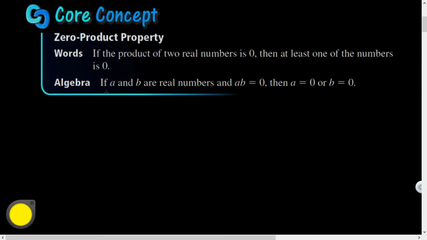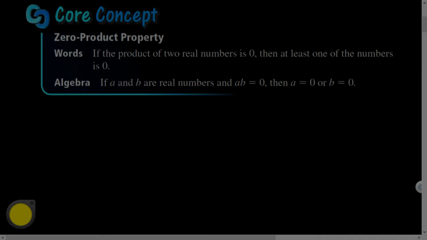Or it says it this way mathematically. If a and b are real numbers, and a times b equals 0, then a equals 0 or b equals 0. Must be one of them, at least. Could be both of them. The only things that multiply to be 0, there's got to be a 0 involved somewhere, right?